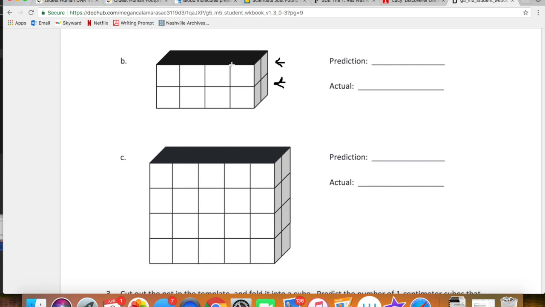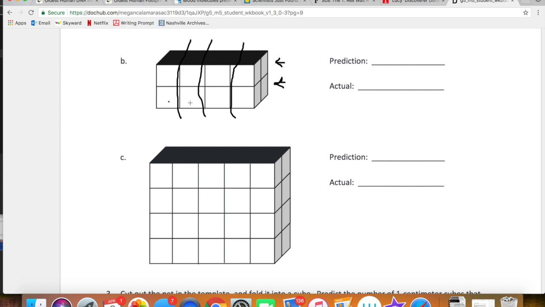We can also slice this. We can make a slice here where we would find 4 cubes, and then we can make a slice here where we will find another 4 cubes. We know that there's another 4 cubes there because our top layer is completely filled in. It's completely level. So then we have another slice of 4 cubes and another slice that consists of 4 cubes.